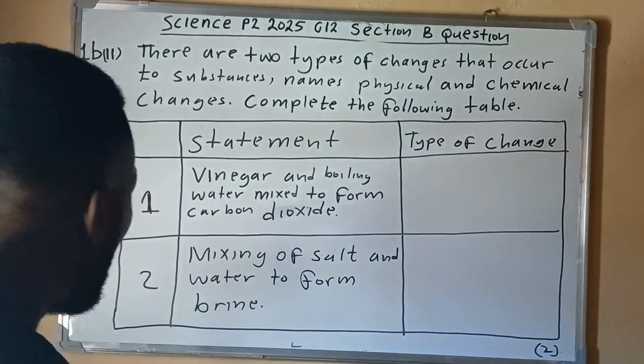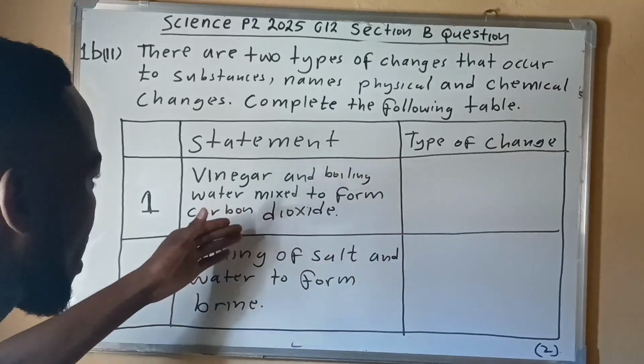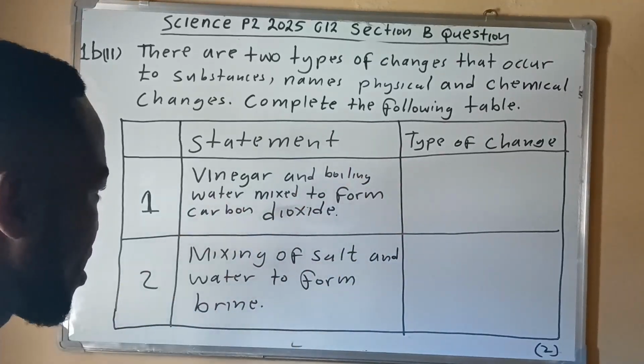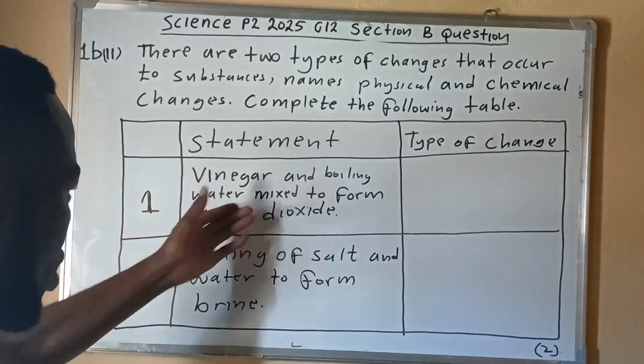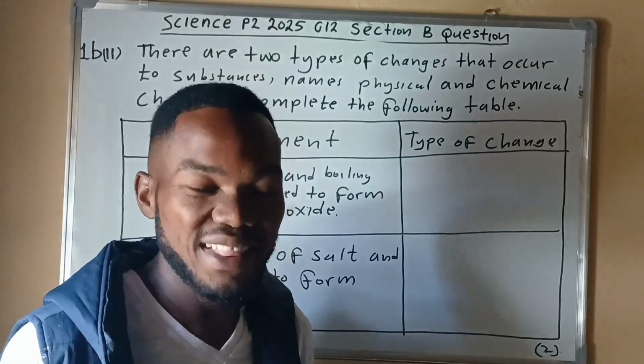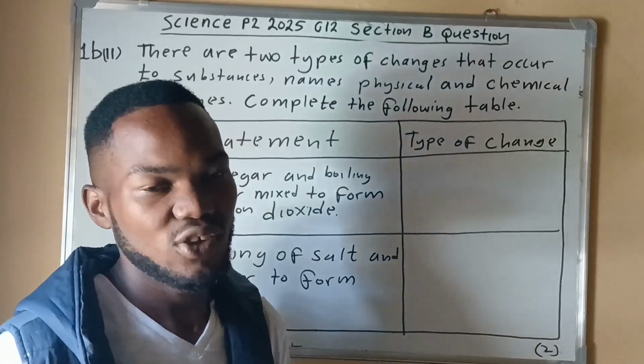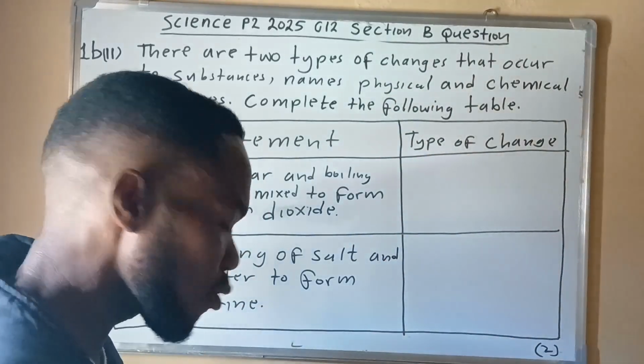So the first question was saying vinegar and boiling water mixed to form carbon dioxide. When you look at vinegar and boiling water, these are different substances, but they produce a new substance called carbon dioxide. So that means this is a chemical change.